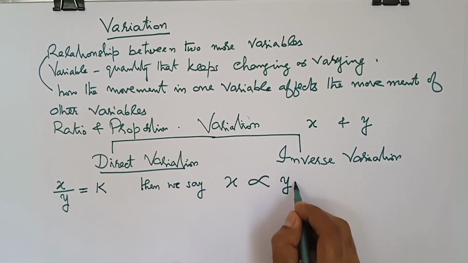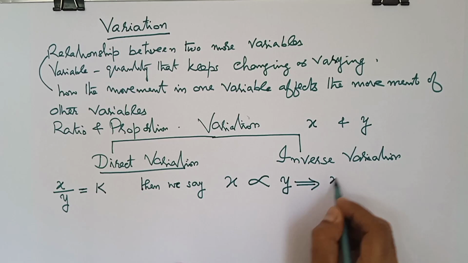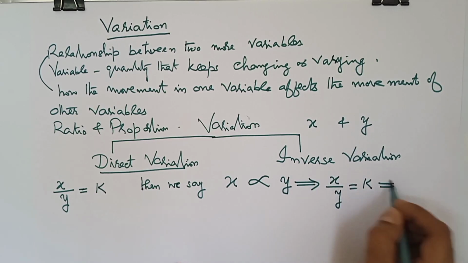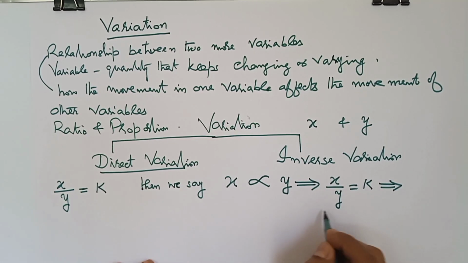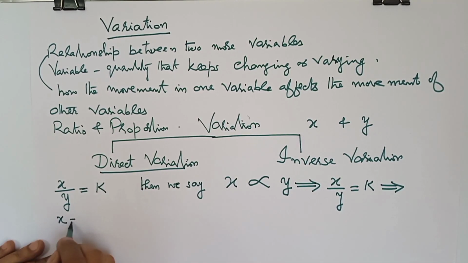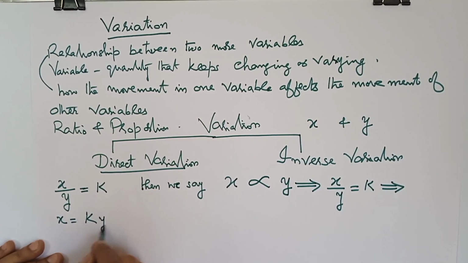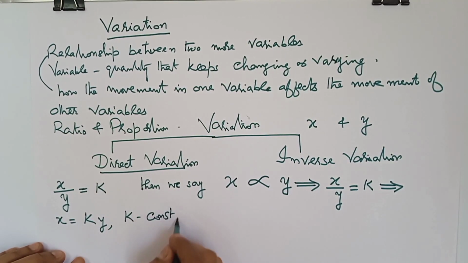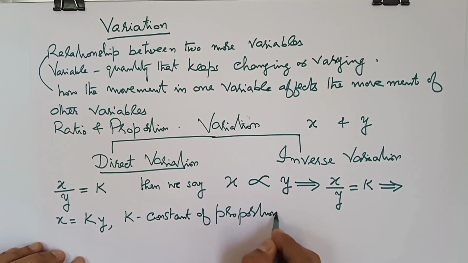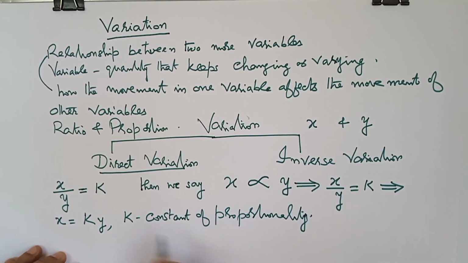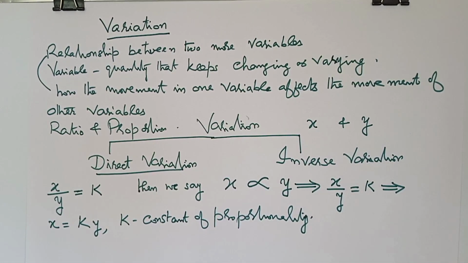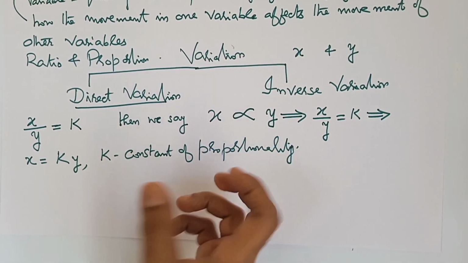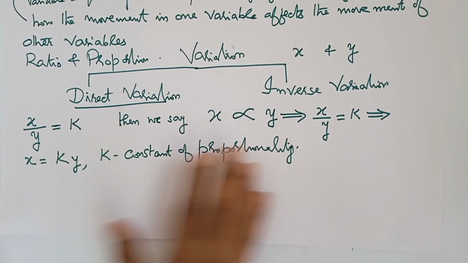Or you can write, this implies x by y equals k, which implies x equals ky, where k is called the constant of proportionality. I will take you to a real life situation to get a better understanding of the concept I've gone through just now.